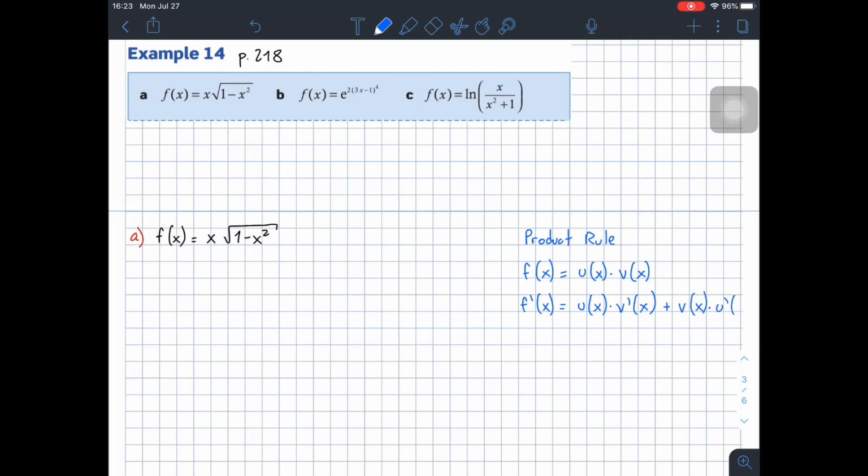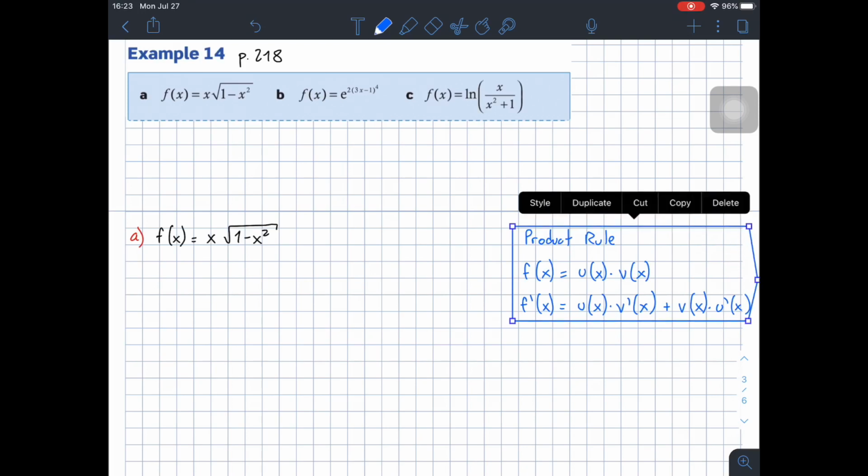This is what the product rule states. Okay, so just to remember that.